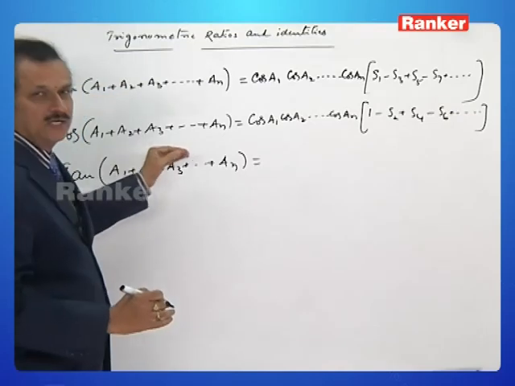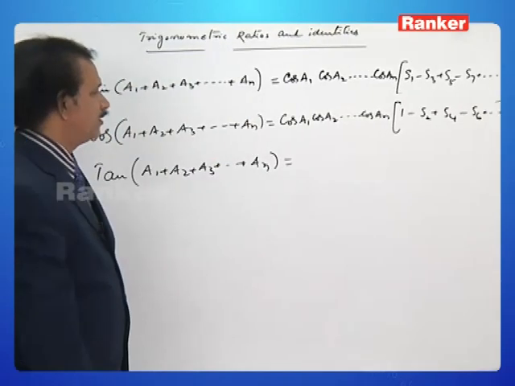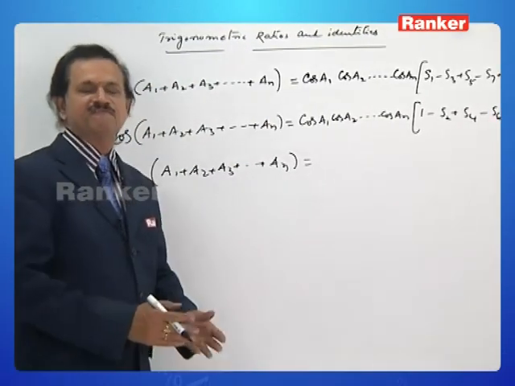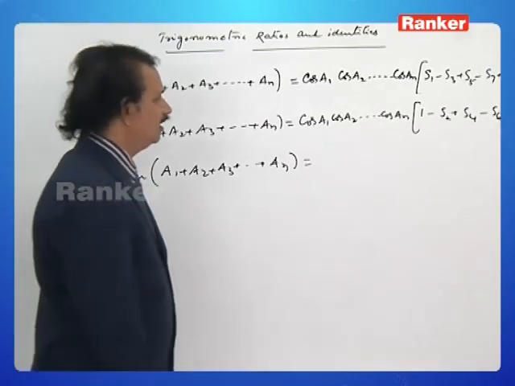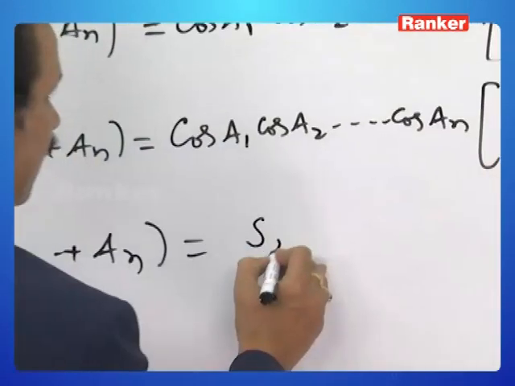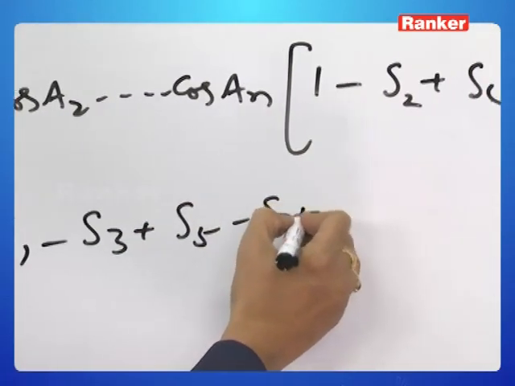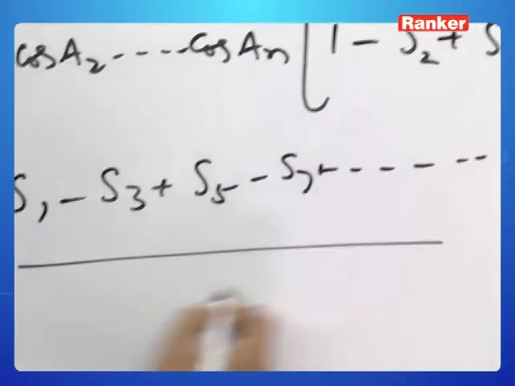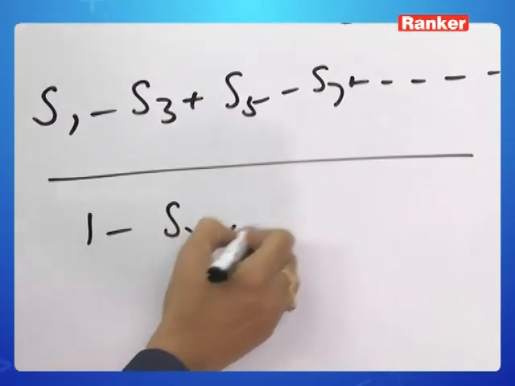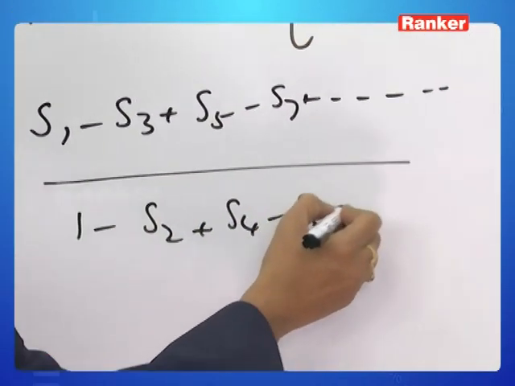This by this. In that division, cos A1 into cos A2 into etc. cos an will definitely be cancelled, leaving you S1 minus S3 plus S5 minus S7 plus etc. by 1 minus S2 plus S4 minus S6 plus etc.